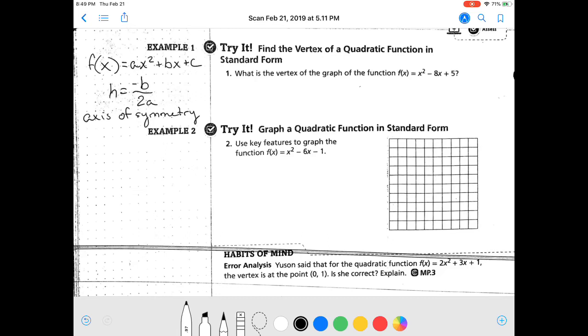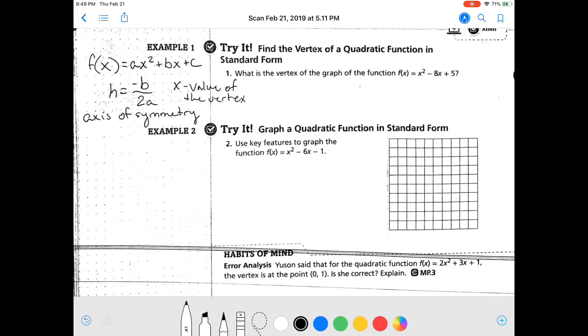So in example 1, we're going to test out using this equation, and we're going to find that x value of our vertex. So it says, what is the vertex of the graph of the function f of x equals x squared minus 8x plus 5?